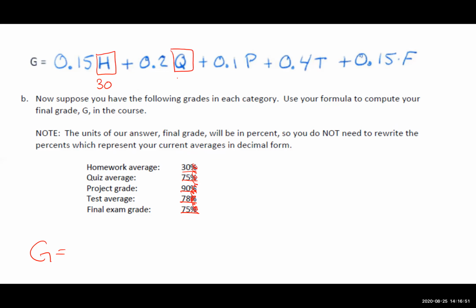Q is equal to 75. P is equal to 90. Not bad. My tests are equal to 78. And my final exam is a 75. Now all I'm going to do is plug these numbers in and compute what the final grade is going to end up being.